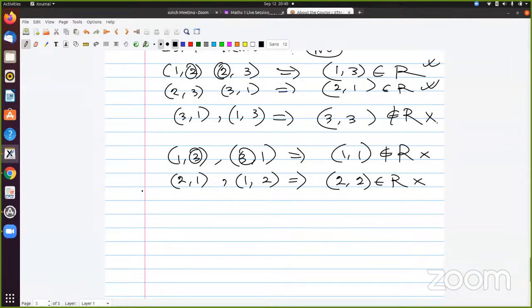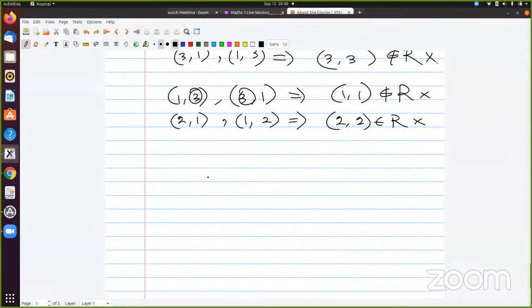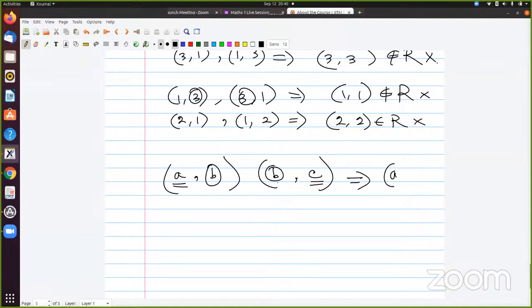No. Whenever there is an element (A,B) and an element (B,C), where the first element of the second pair is the same as the second element of the first, then you have to check whether (A,C) is there or not. The pair (C,A) doesn't matter. Okay, let me take another example. Then I think you will get it.